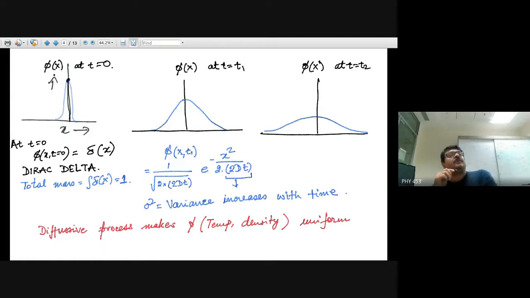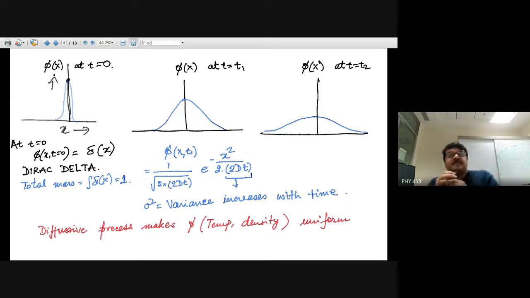So when you were solving the Laplacian, when there was no time dependence in the previous module, you were solving the Laplacian equation, and there were very strong boundary conditions. There was heat current, which was different along different boundaries. And in that case, of course, you have a temperature profile.